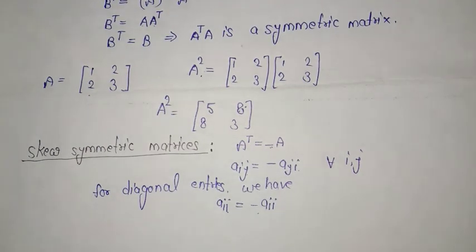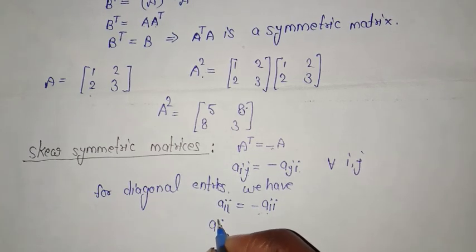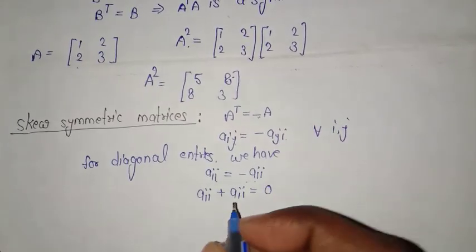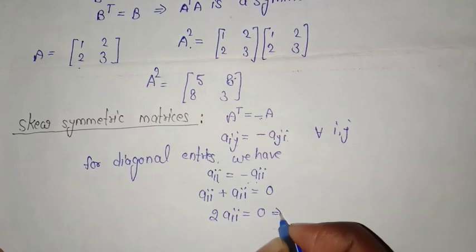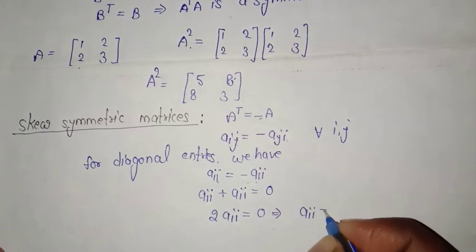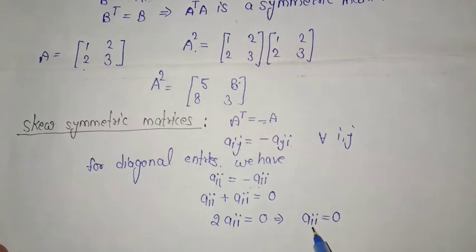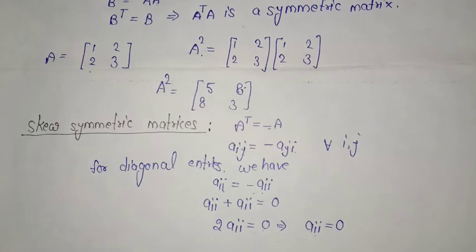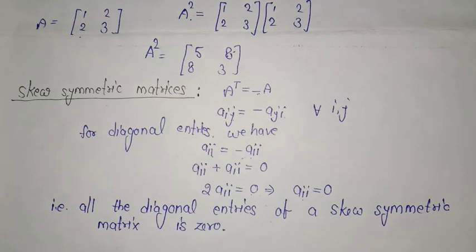Now if we take this minus A_ii on that side, this becomes A_ii plus A_ii equals 0. Now 2A_ii equals 0 implies A_ii equals 0. These are the diagonal entries. This implies that for a skew symmetric matrix, the diagonal entries will always be 0. That is, all the diagonal entries of a skew symmetric matrix are 0.